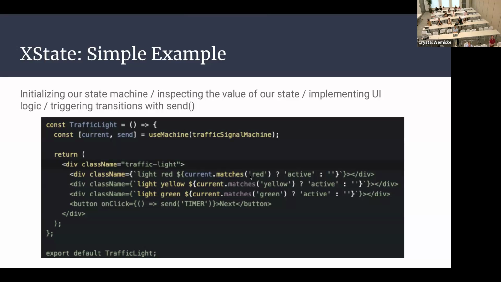So every time it evaluates to any of these, it will activate the color of it. And I'm sending here on a button the timer event. I'm triggering the timer event on click, and that changes the signal light to different states. So it will follow the same flow that I designed previously. So it looks really manageable and easy to read.